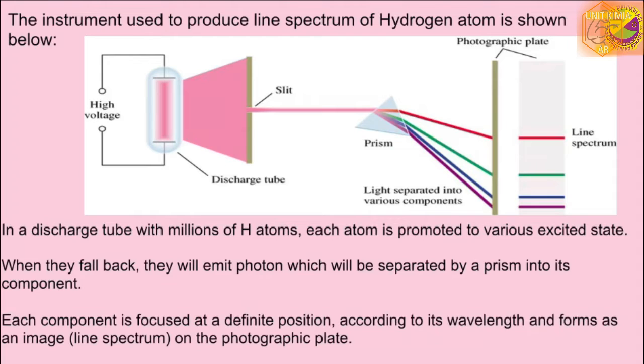When they fall back, they will emit photons which will be separated by a prism into its components. Each component is focused at a definite position according to its wavelength and forms an image, which is the line spectrum, on the photographic plate.